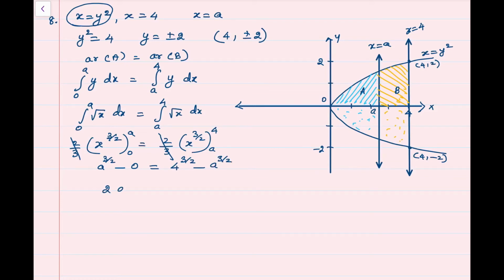So, 2 times a raised to 3 by 2 is 4 raised to 3 by 2, which is 4 power half is 2, 2 cube is 8. Therefore, a power 3 by 2 is 8 by 2, which is 4. We have to find the value of a. Raising it to power 2 by 3 on both sides, we get 4 power 2 by 3. And this is the answer for a.